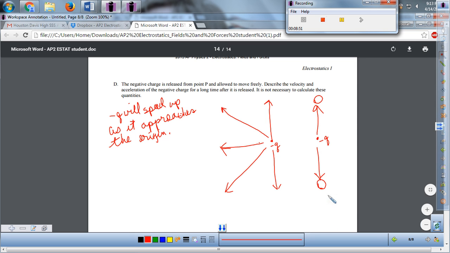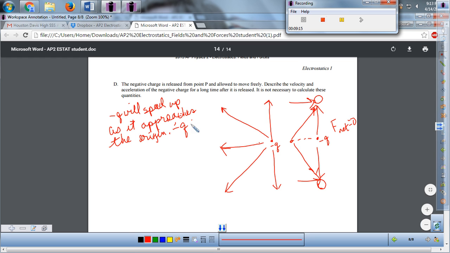It's pulled up and it's pulled down, so the net force is 0. But so it no longer accelerates, but as soon as it gets past the origin, let's say it's over here now, this one's going to pull it and pull it. And so then I have a force pulling it back to the right. So it slows down.